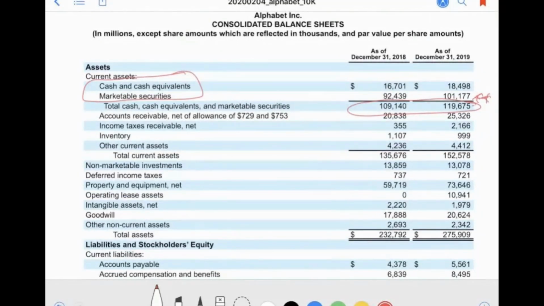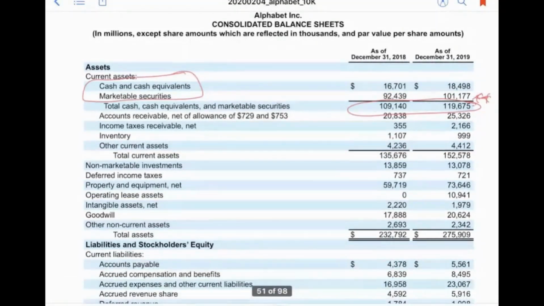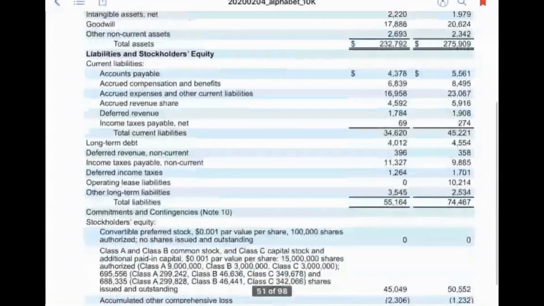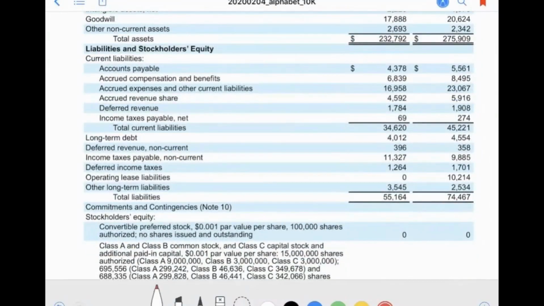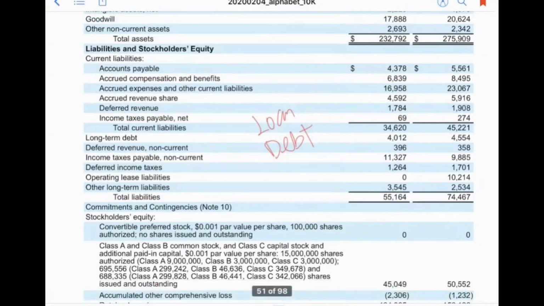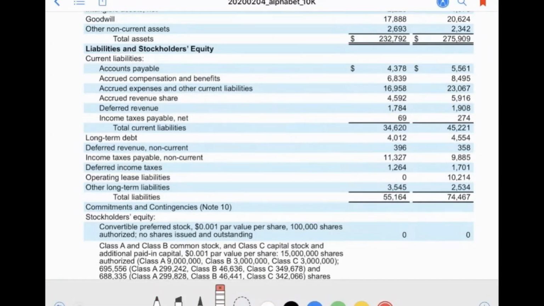And the next thing, after I look for cash, is I want to look for debt. I want to compare whether the company has more cash or more debt. So if I scroll down, when I look at debt, I want to look at the current liability and the non-current liability and look out for terms like loan and debt.